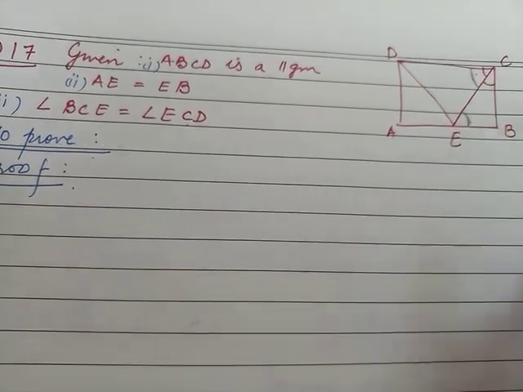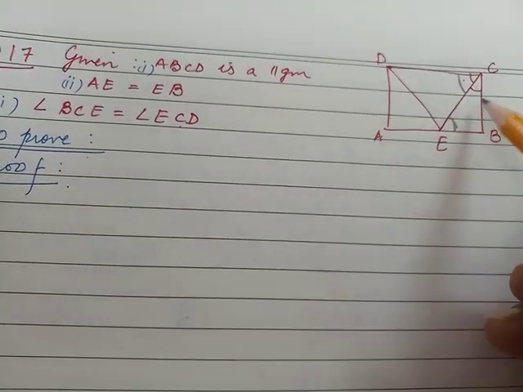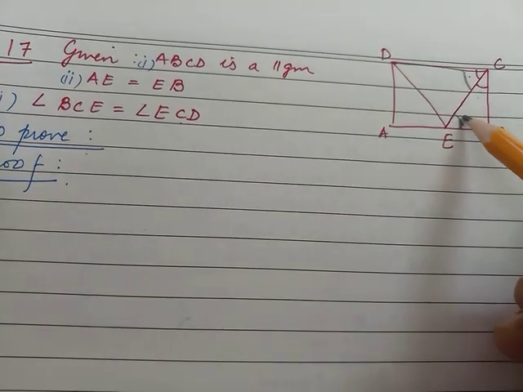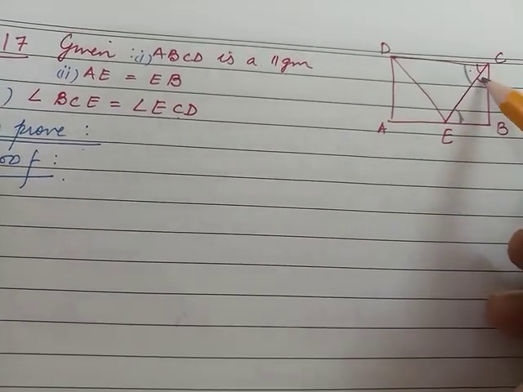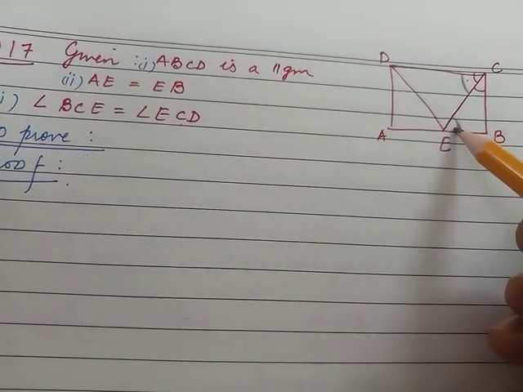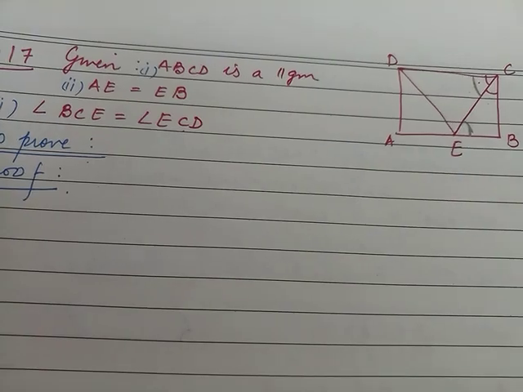Therefore, in triangle EBC, if two angles are equal, their opposite sides are going to be equal. Therefore the side opposite to angle C is EB and the side opposite to angle E is BC, going to be equal. I'll write this part firstly.